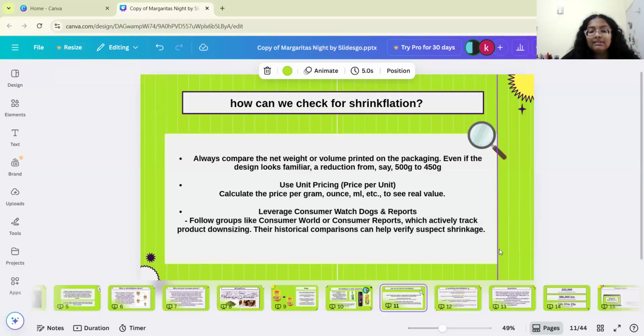So when this is not there on the label, this is actually a red flag. And then there are a lot of websites such as Consumer World or Consumer Reports that you can go on to Google and see for. Basically what they have is products, their original weight, their history, and shrinkflation and its impact on those products.